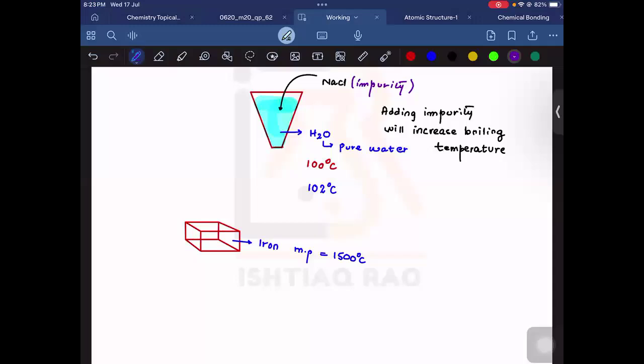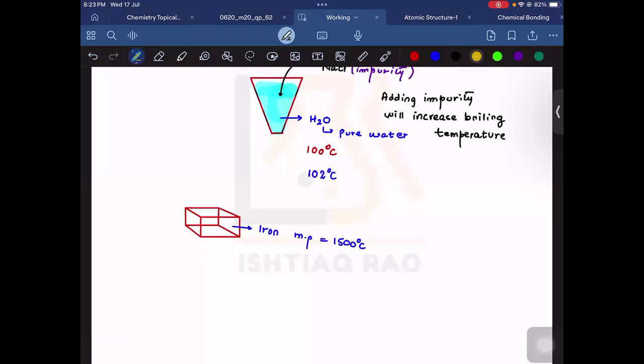I'm going to add impurity in this solid. So remember, as I told you, addition of impurity will increase the boiling point.